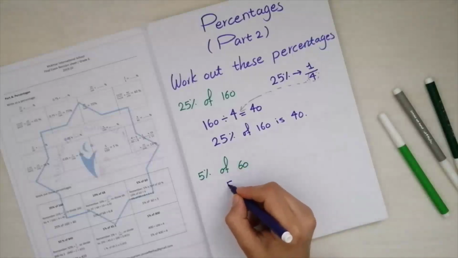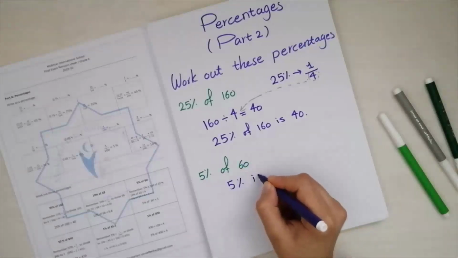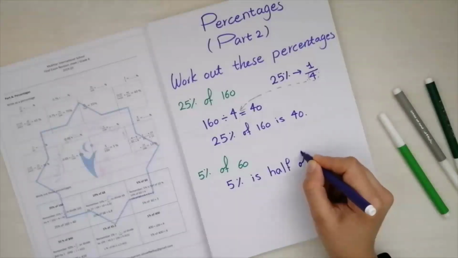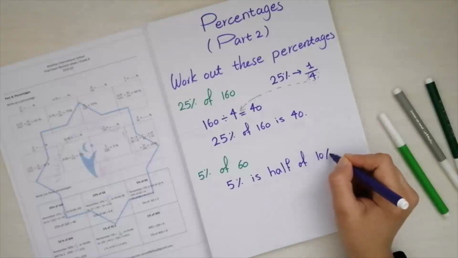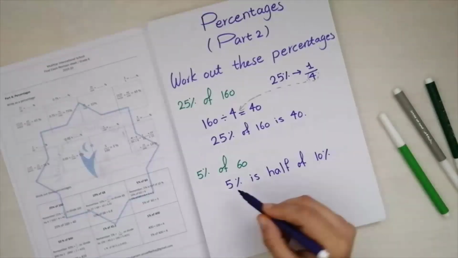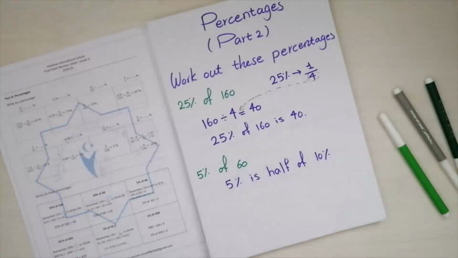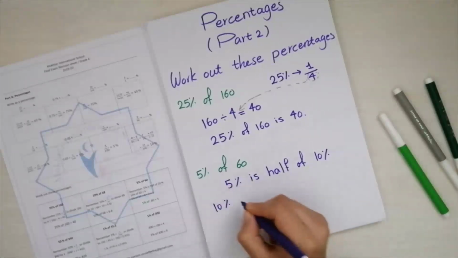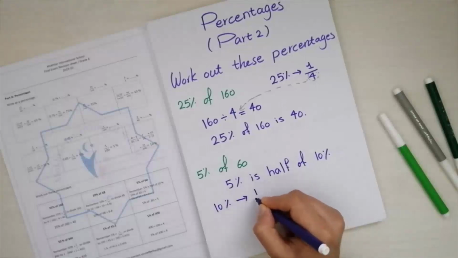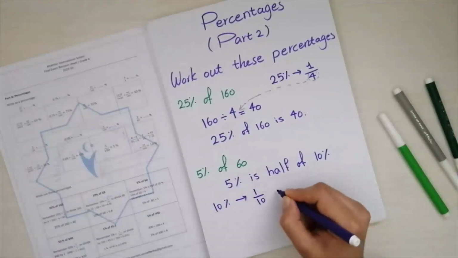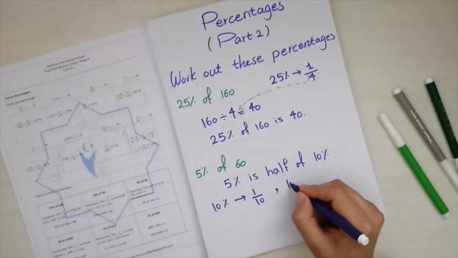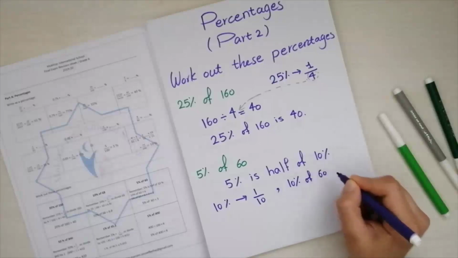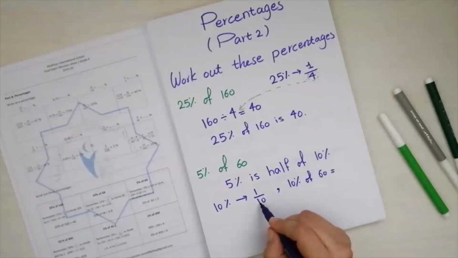The second part, 5% of 60. We know that 5% is half of 10%. So why don't we find 10% of 60 and then divide by 2? 10% is the same as 1 over 10. This means that 10% of 60 is equal to 60 divided by 10.